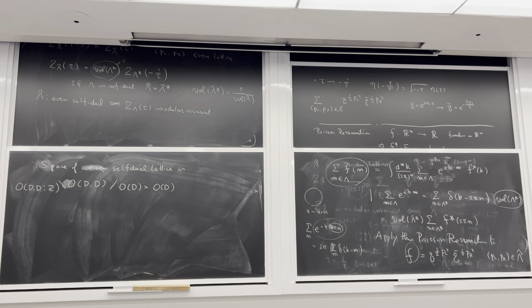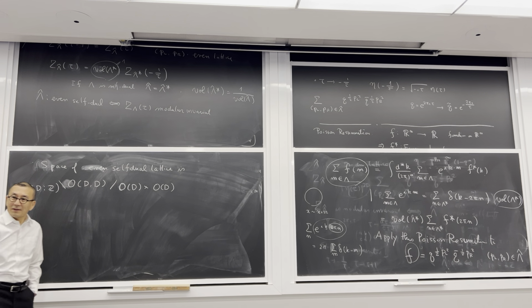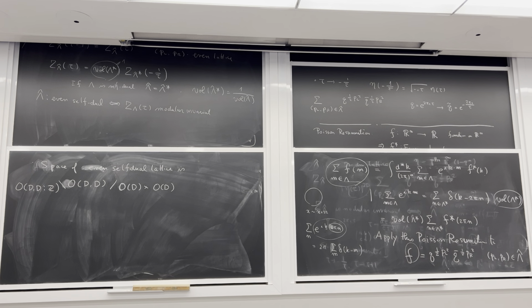Okay. So the space of d-dimensional even self-dual lattices is given by this coset space. This is something that one can derive from this condition.